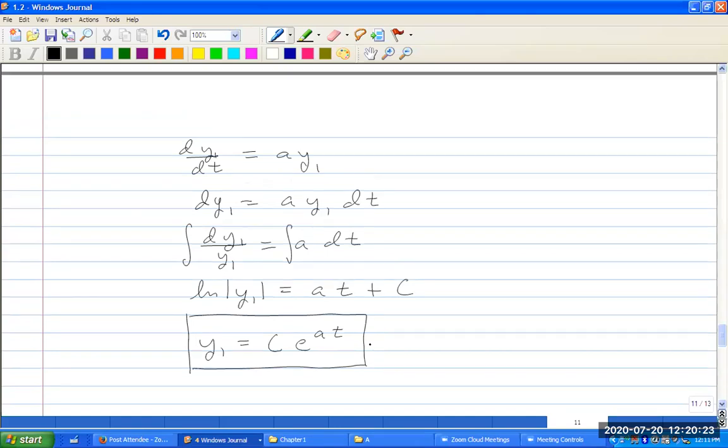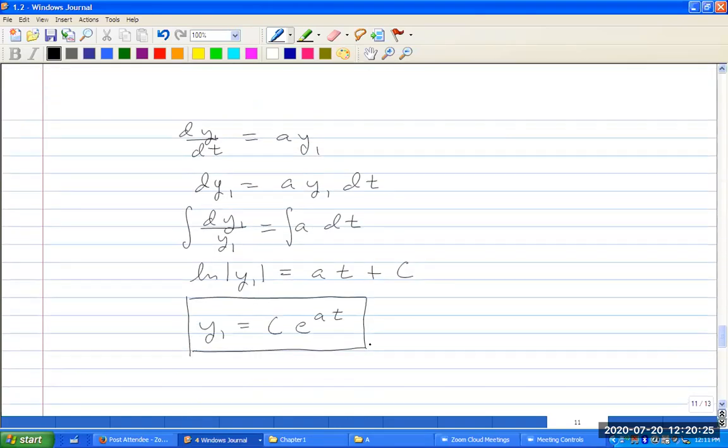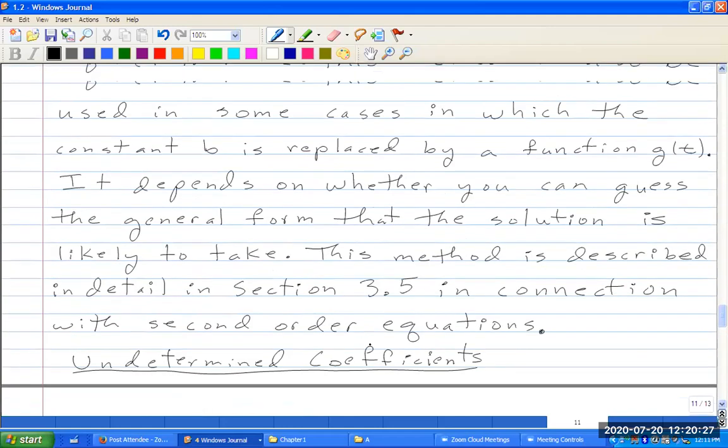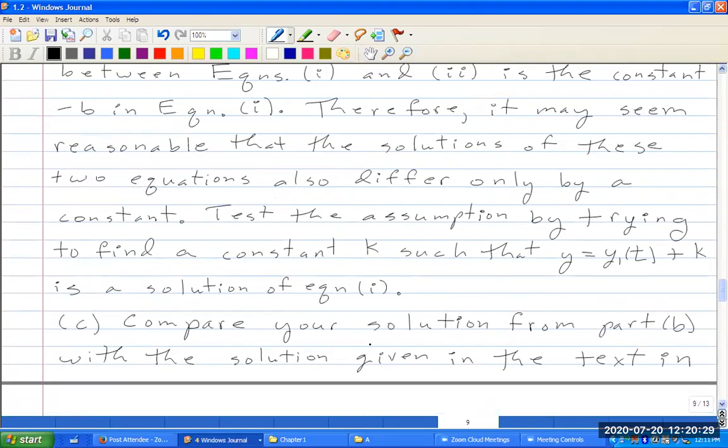So let's do part B. It was A and B, right? Yes.